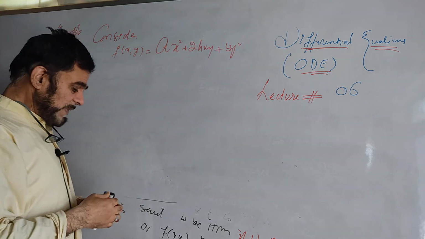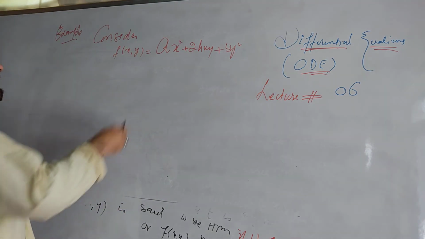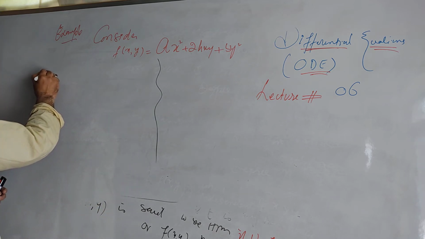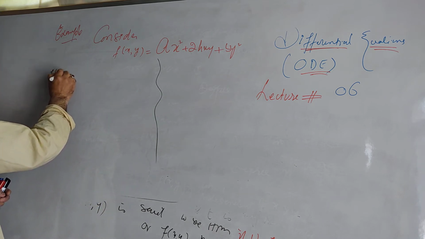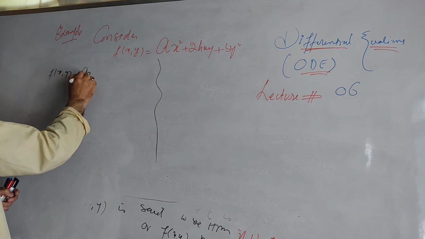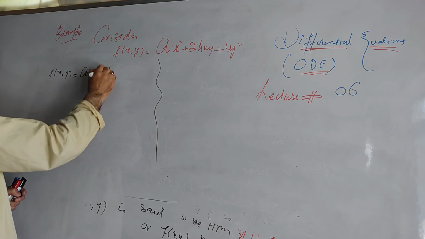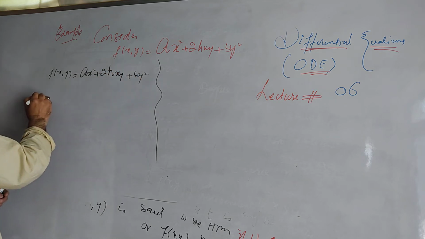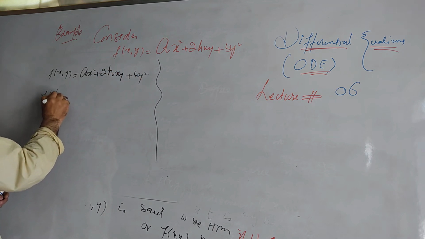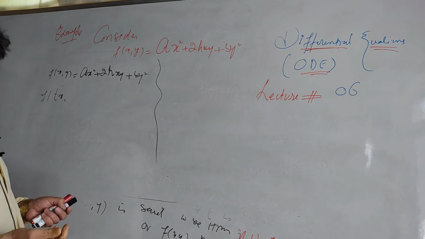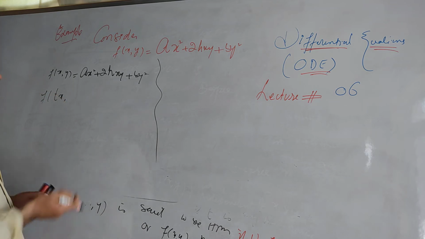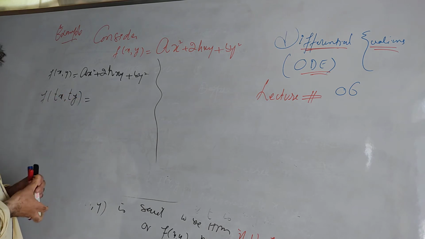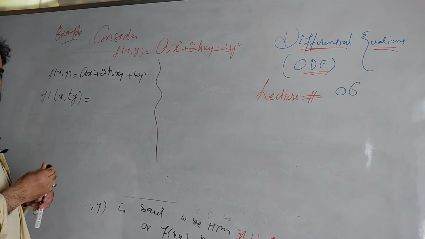If we tackle this along the definition, I have f of x, y equal to ax square plus 2hxy plus by square. If you replace x by tx, where t is some real number independent of x and y, and y by ty, you see what happens: the equation comes back.